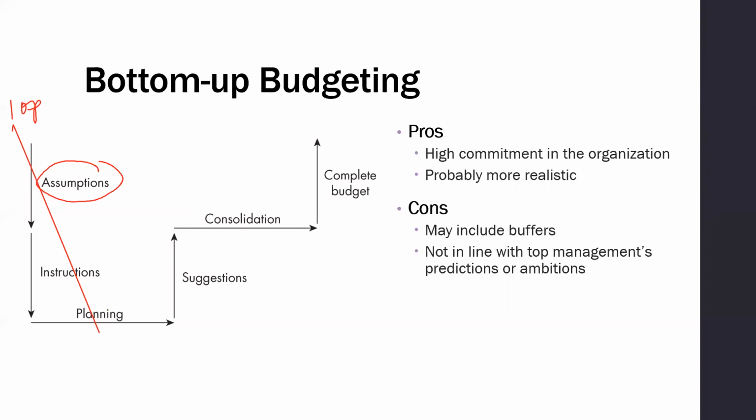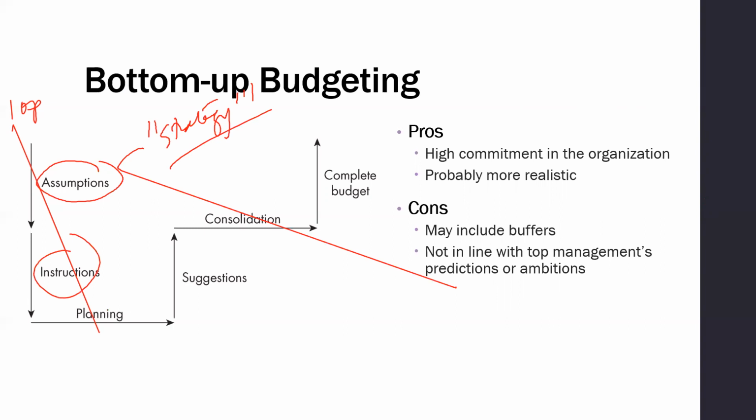Right? So kumbaga, assumptions in terms of strategy. Ito ang strategy natin. Okay? And then middle managers will provide instructions on how to implement it, and then low-level managers will actually do the planning.